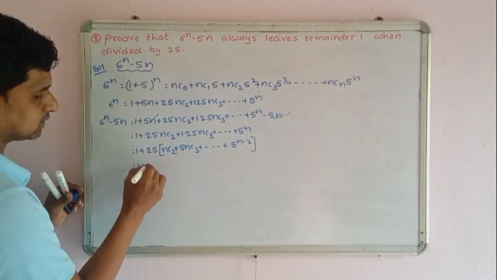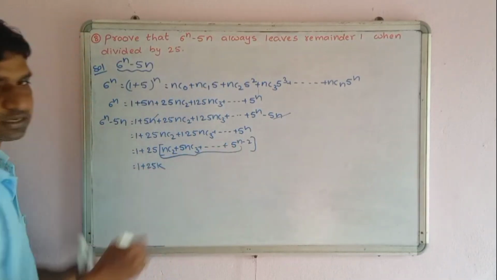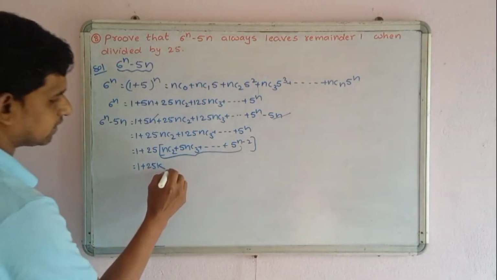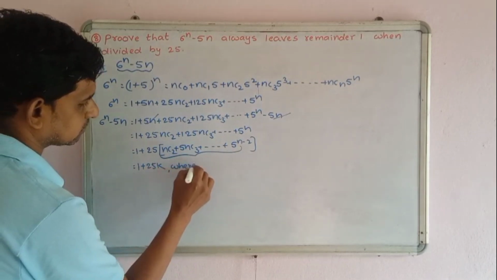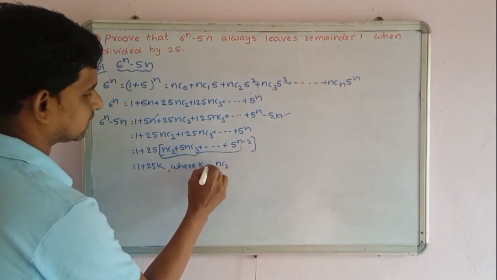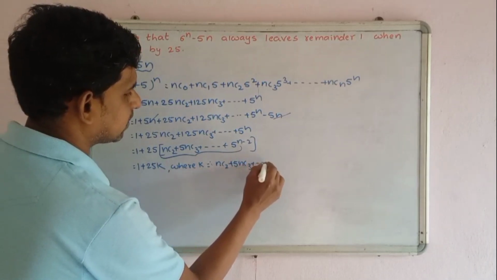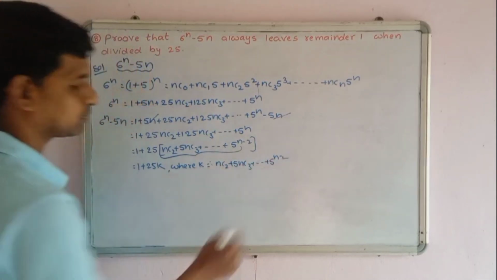So 1 plus 25, this expression can be written as a simple constant k, where k equals nC2 plus 5 nC3 plus so on, 5 power n minus 2.